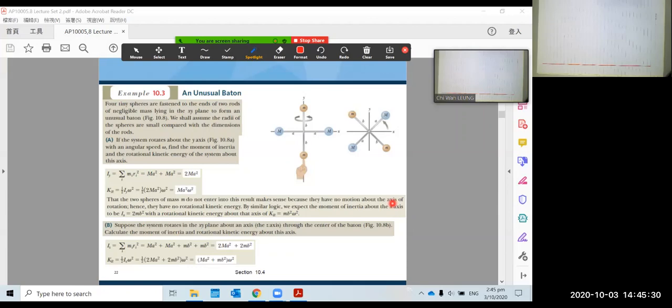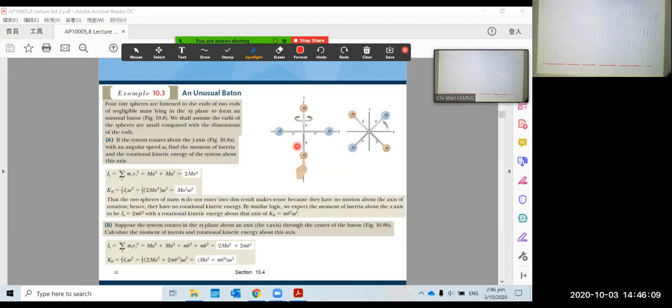So in the lesson on Tuesday, we looked at the case where you have 4 masses on a cross, and we rotated this object about different axes. In the first case, we rotated about the axis through the small masses m. And in the second case, we rotated about an axis perpendicular to the plane of the cross. You can see that the moment of inertia would be different for the 2 cases.